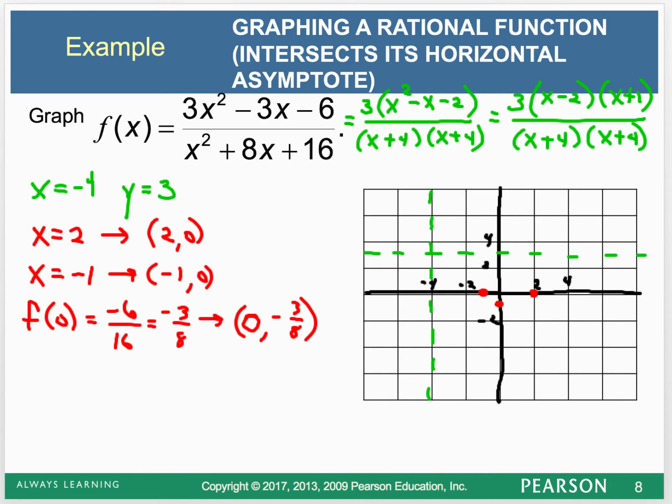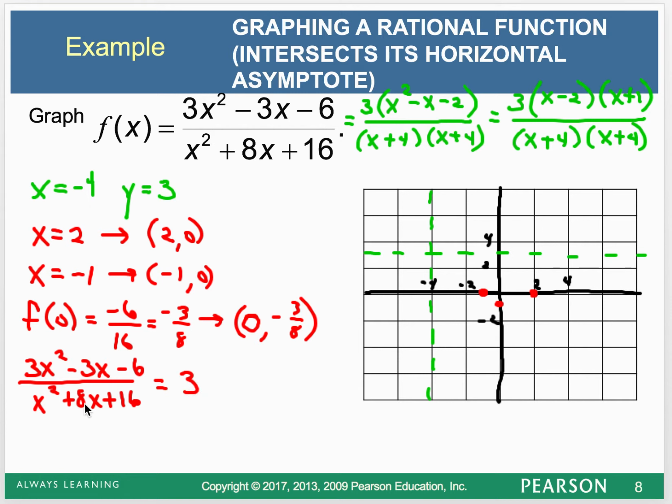Our next step is then, does this actually cross this asymptote right here? So I take my function, 3x squared minus 3x minus 6 over x squared plus 8x plus 16, and set it equal to that asymptote, set it equal to 3.